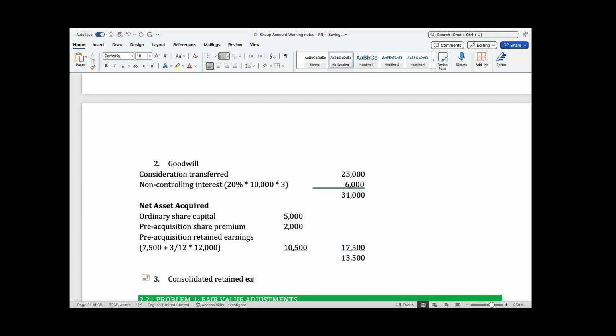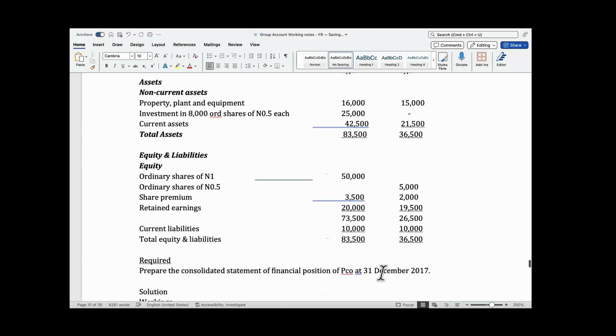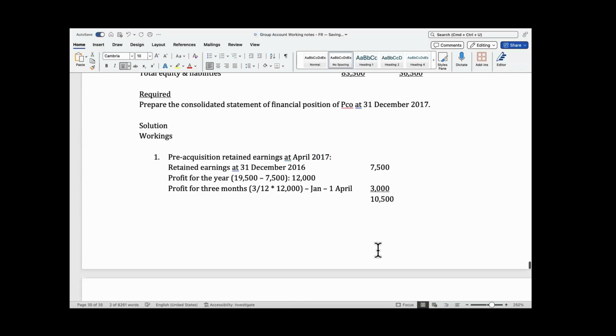So my consolidated retained earnings. As per my correction, what's my retained earnings? 20,019.5.